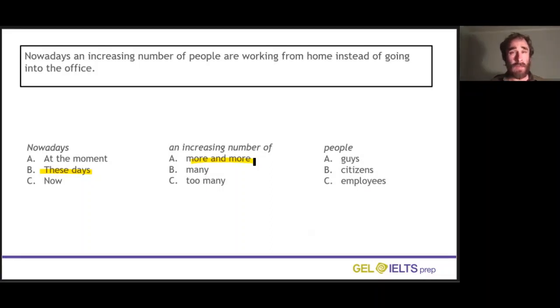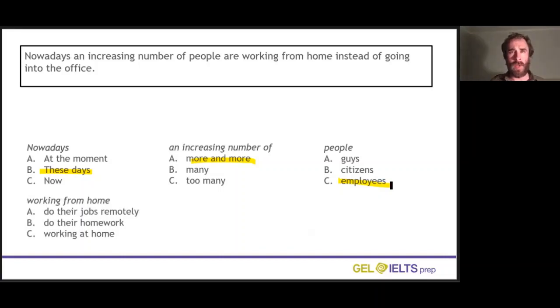So in this case, because we're talking about people working, employees would be a good synonym. Citizens and guys are both synonyms of people in some contexts, but not in this context.